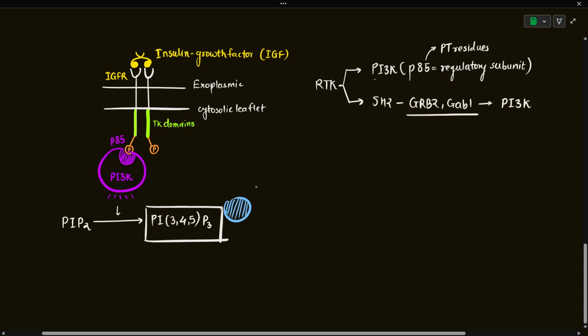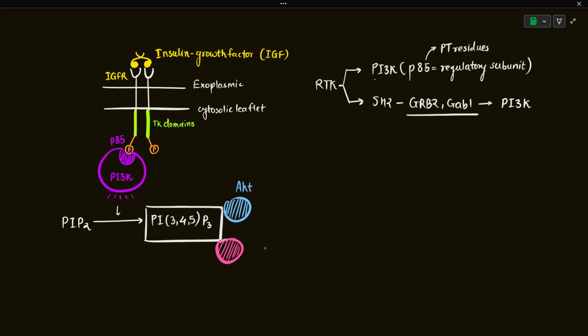The very first enzyme that is very crucial for cell survival is AKT, and the other enzyme which gets bound to this PIP3 is known as PDK. Both of them can attach themselves to PIP3 because both of those proteins have a particular domain known as the PH domain.